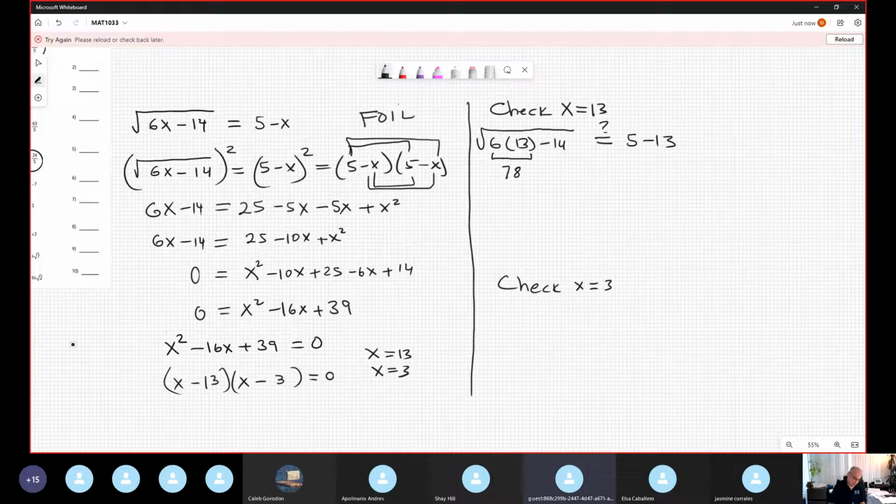And 78 minus 14 is 64. Oh, I like that. And the square root of 64 is obvious, it's 8.